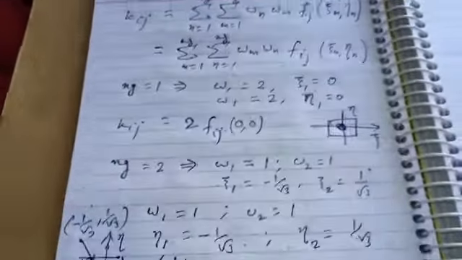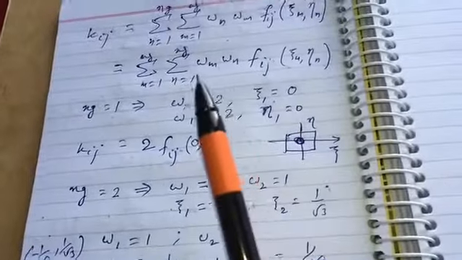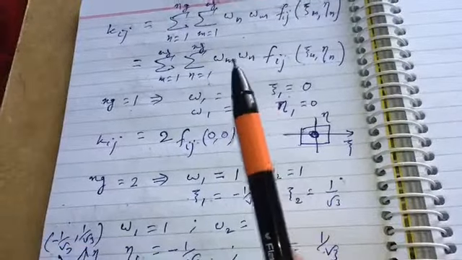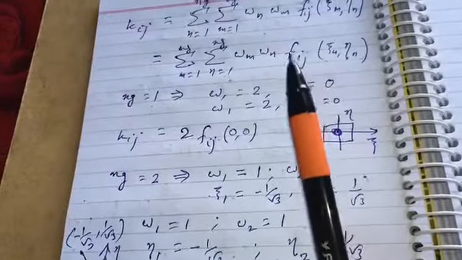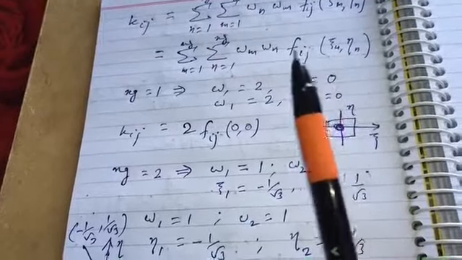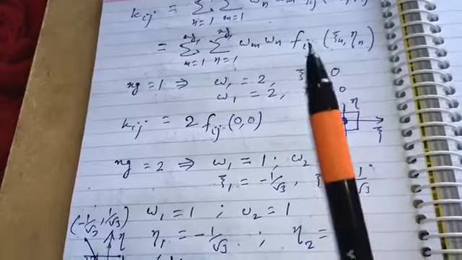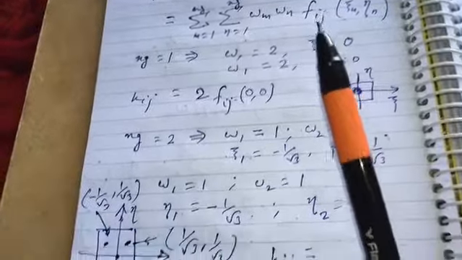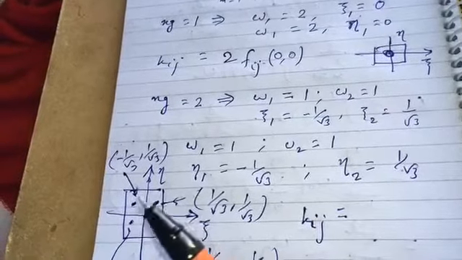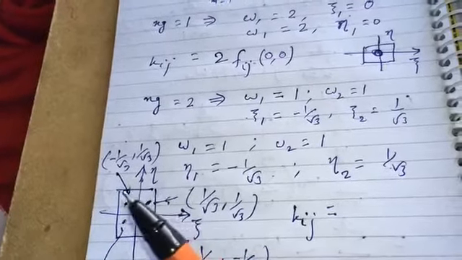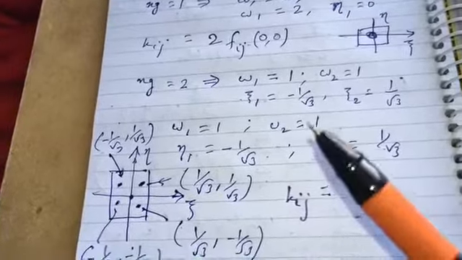In all cases this is 1 only, because both of them are 1, so we will not write it here. What we can write, there will be 4 terms because of that, and each term corresponds to one of these integration points. So there will be 4 terms corresponding to these 4 integration points.